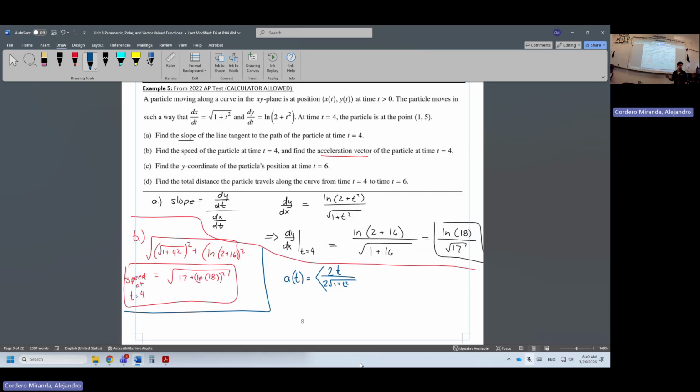You good with that, or was that too much step skipping? Okay. You could have also written this, you guys know, as 1 plus t squared to the negative 1/2 times 1/2. But I just think what I wrote looks nicer. And then comma, the derivative of natural log is 1 over, leave the inside alone, times 2t again. So let me just put that 2t up here.